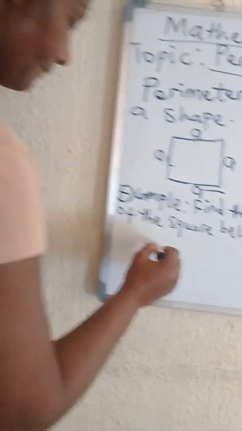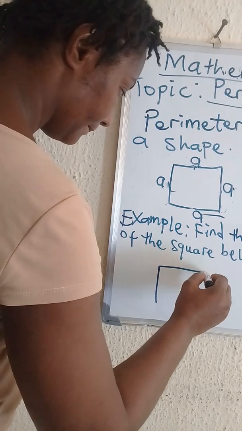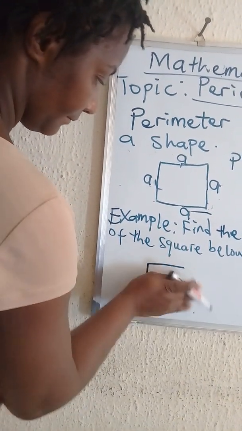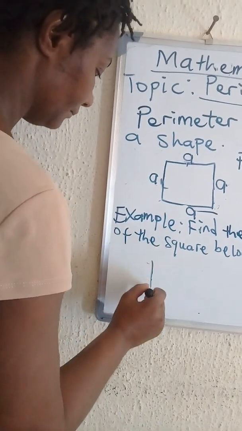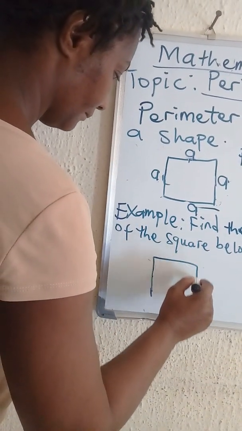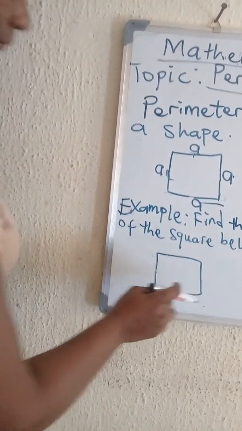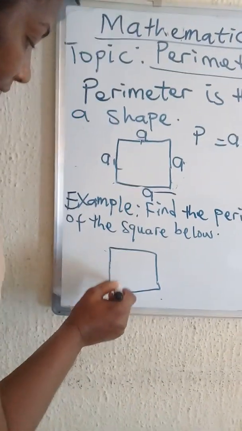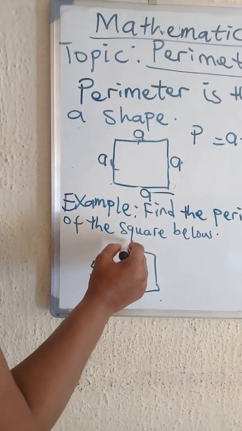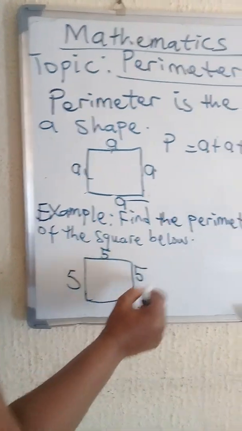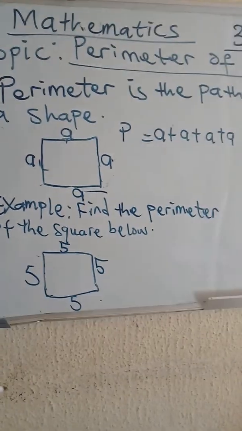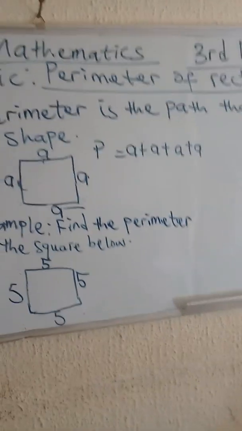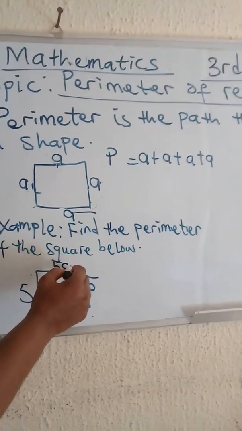We have this square here. 5 cm here, 5 cm here, 5 cm here, because all the four sides are equal, so we use 5 cm.